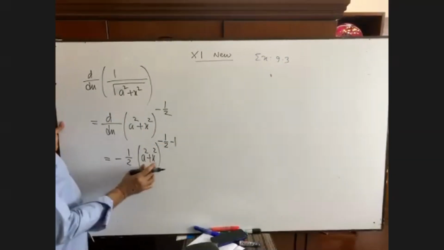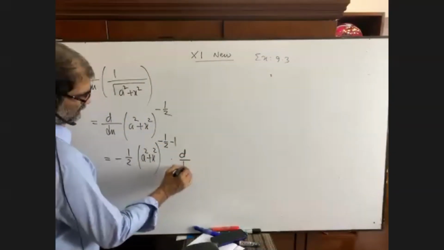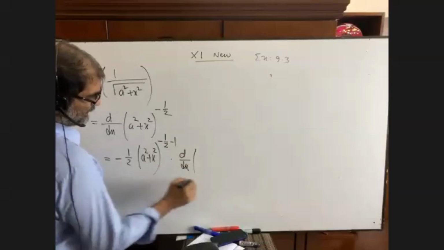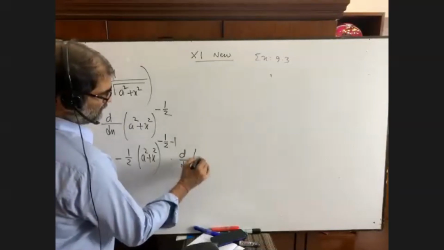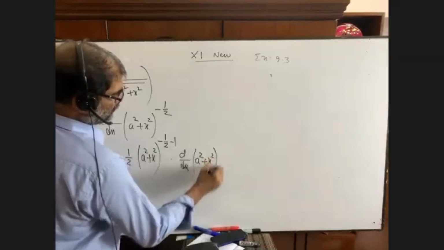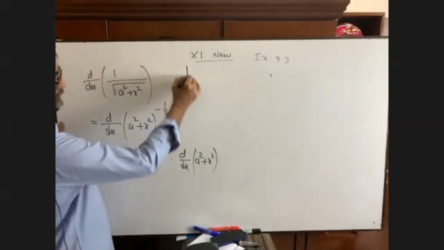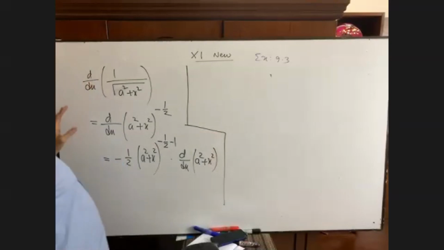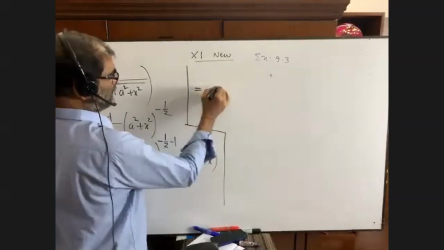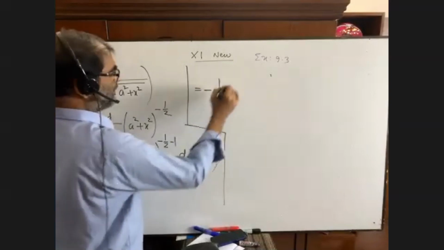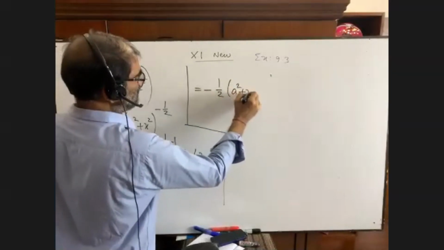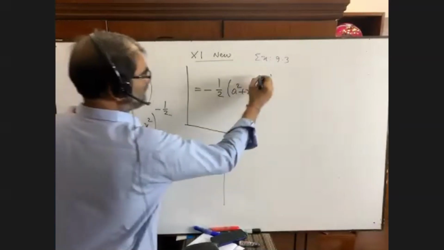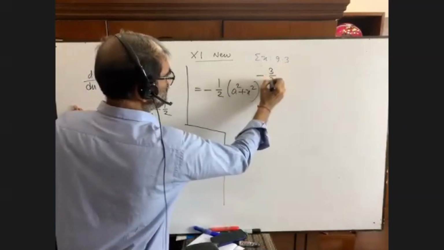It is not only x, so it will be differentiated again: d by dx of a square plus x square. Minus half (a square plus x square) whole to the power minus 3 by 2.